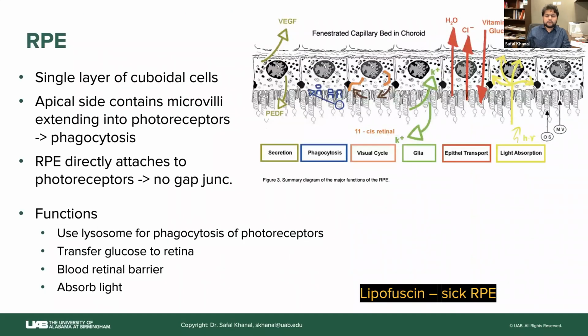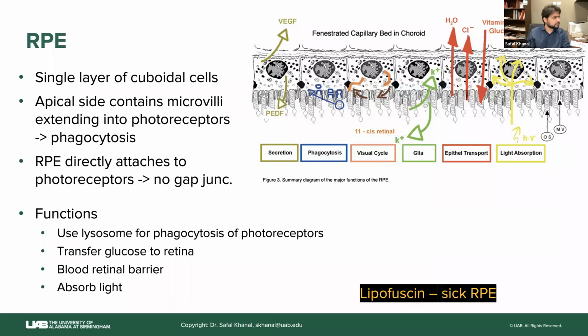Now, when you look at the RPE, it is a single layer of cuboidal cells, and the apical side is connected with the photoreceptors. It has microvilli which extend into the photoreceptors, and these microvilli help to phagocytose the discs from the photoreceptors. Now the RPE layer directly attaches to the photoreceptors.